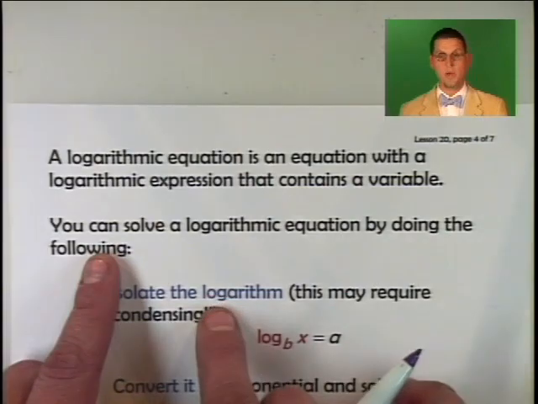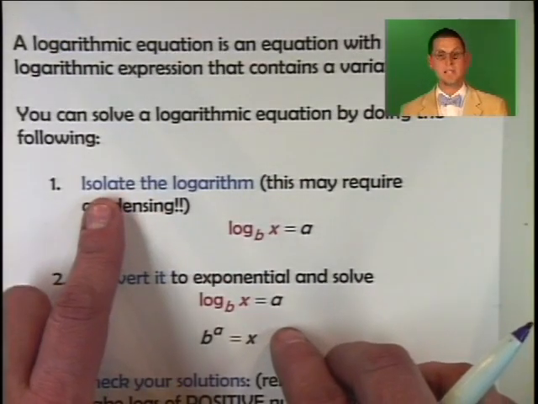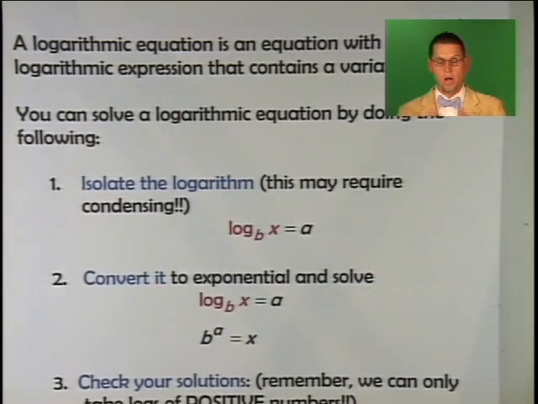By the way, a log equation is nothing more than an equation that has a log expression that has a variable in it. Okay? So here's how we're going to solve log equations. First thing we want to do is isolate the log. Get the log all by itself. Now that may require a little bit of condensing using the properties of logs. Once I have it condensed and isolated, then I want to convert it to exponential using the conversion formula.